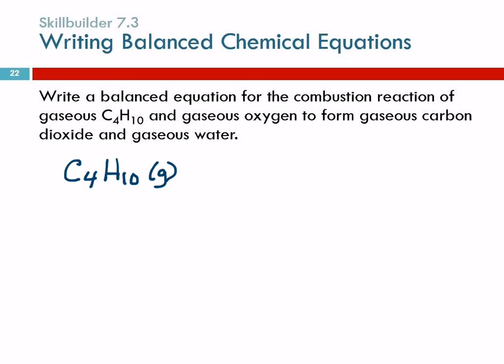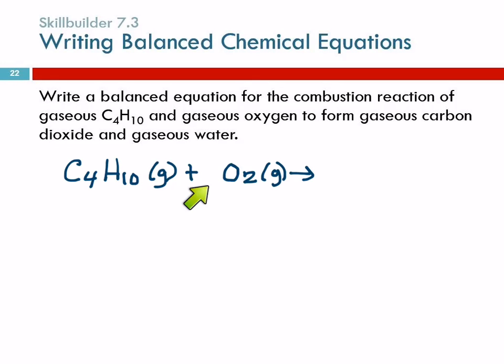What is it reacting with? Oxygen gas. Is oxygen a diatomic element? Yeah, it is. So I need to write O2. This is where knowing your 7 diatomic elements becomes very important. And that's a gas.